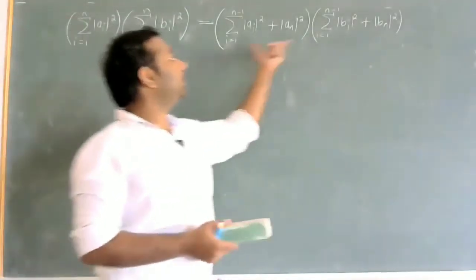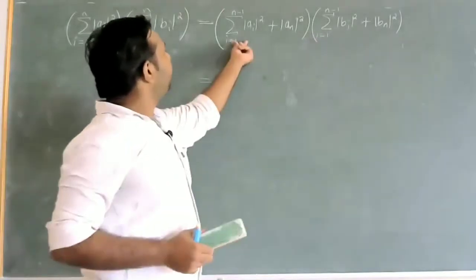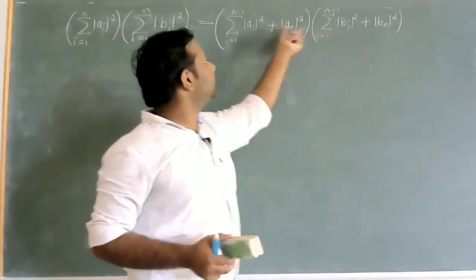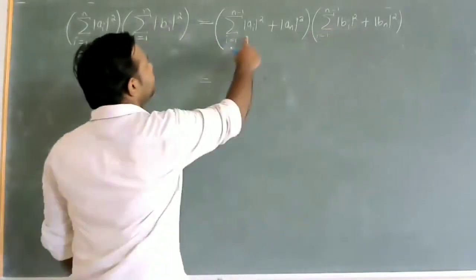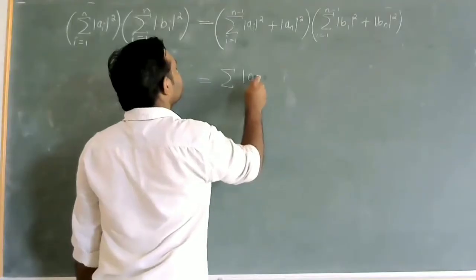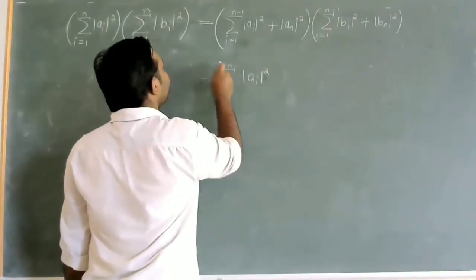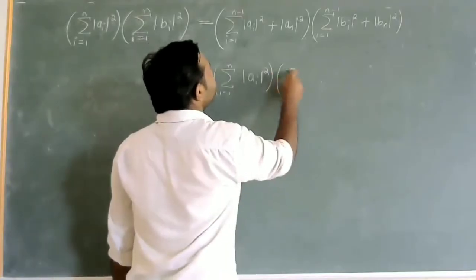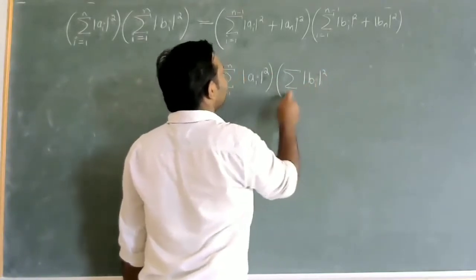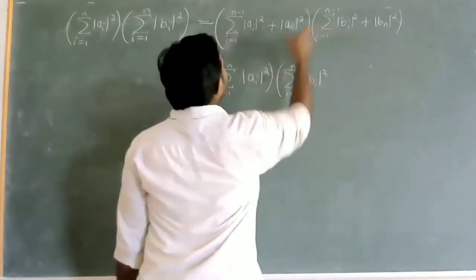Now we have to multiply these two factors. So how will we multiply? First term into this plus this term into this one. So first this into this one is summation modulus of ai whole square, i running from 1 to n minus 1, into summation modulus of bi whole square, i running from 1 to n minus 1.